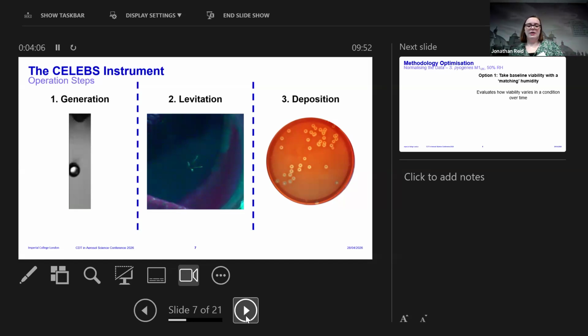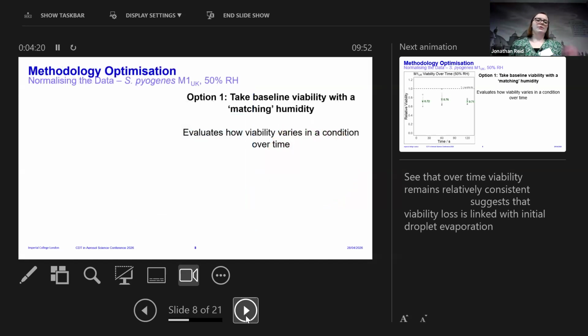But in order to calculate the relative viability, so the losses that we're seeing, we need to find an optimal baseline, our 100% time point, to compare this to and see the viability that was lost. The first option we had was to take a baseline viability at a short time frame at a matching humidity, so the same humidity that our testing was going to be occurring at. That lets us see how viability varies during a set condition over time.